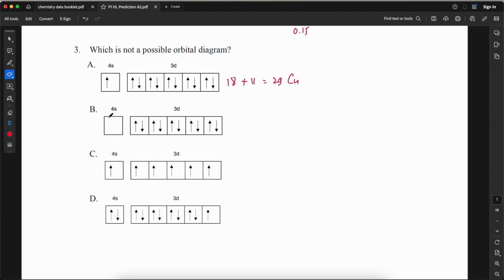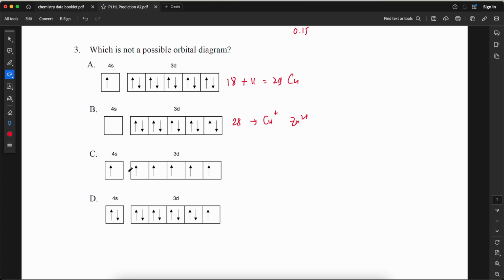And for B, there are electrons that are already removed, so the total here is 24. So it could be either Cu plus or Zn 2 plus. It could be one electron that has been removed, or two electrons have been removed.